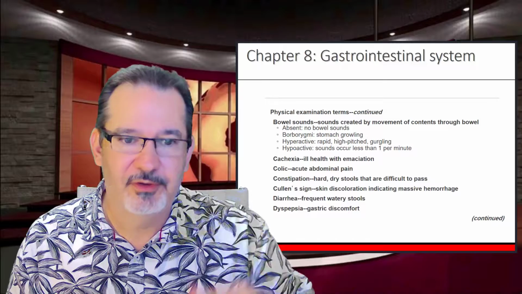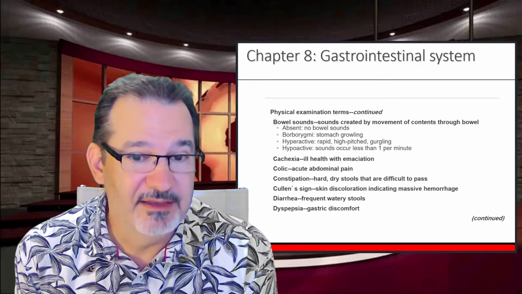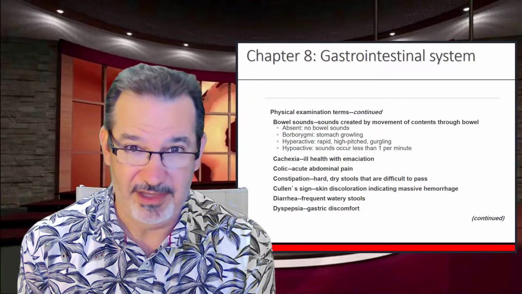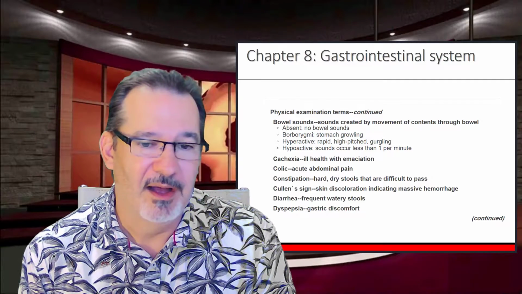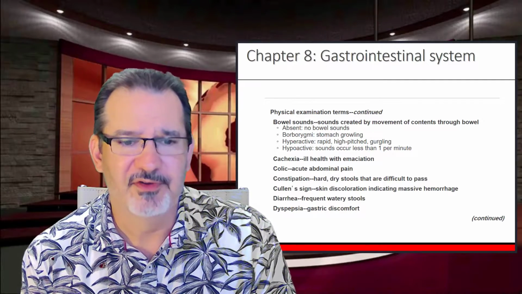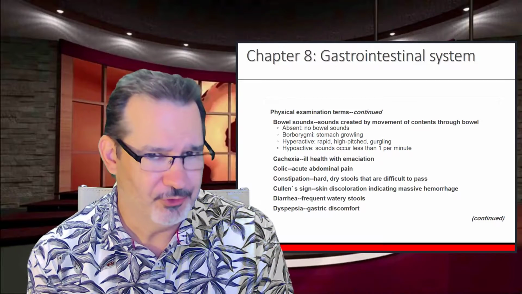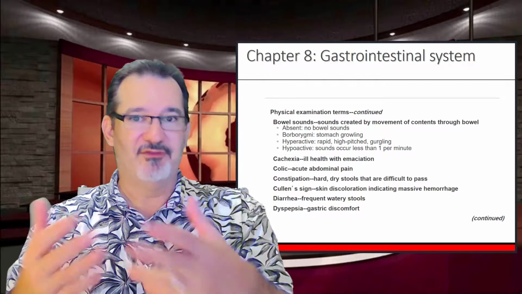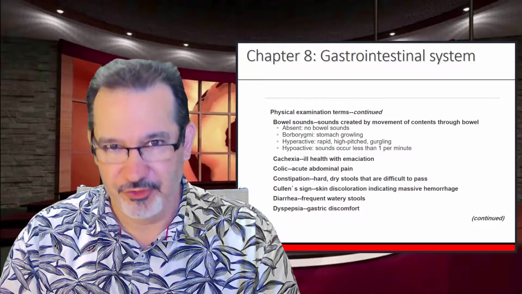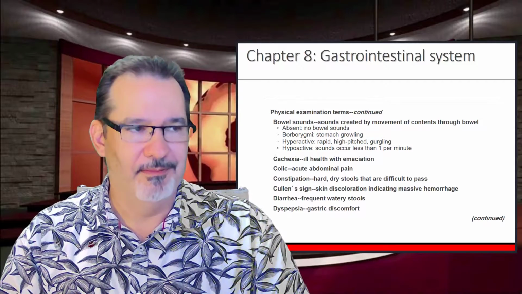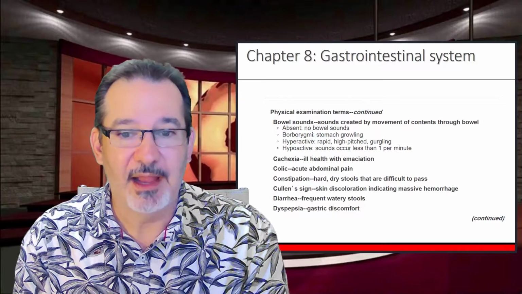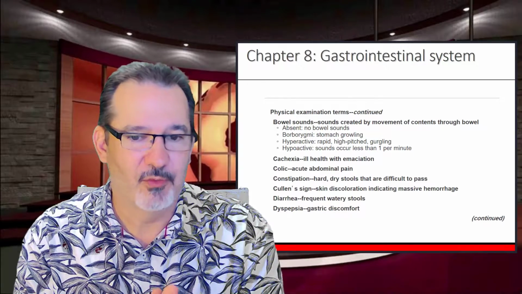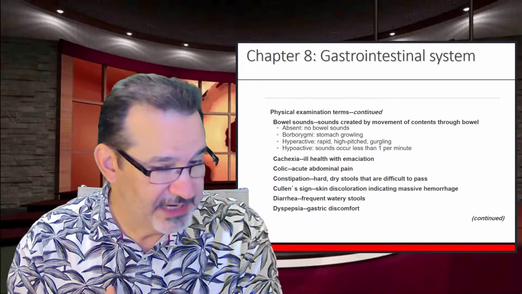Bowel sounds, borborygmi is growling, stomach growling. Typically we just say stomach growling, right? And then there's a couple of different types: hyperactive, rapid, high-pitched gurgling. If you have something like maybe irritable bowel syndrome, you may have fairly frequent growling sounds, right? And then hypoactive sounds occur less than 1 minute, less than one per minute.